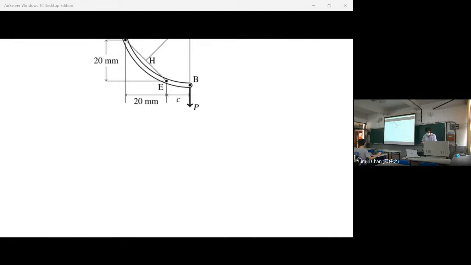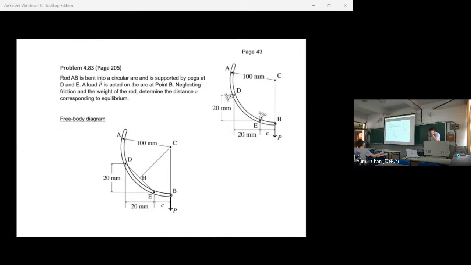Right, this one, 483, and is there anybody not having that? For those, you can get the PDF from iLearning, and I posted the link to this page on iLearning.